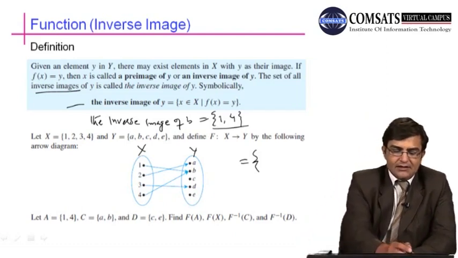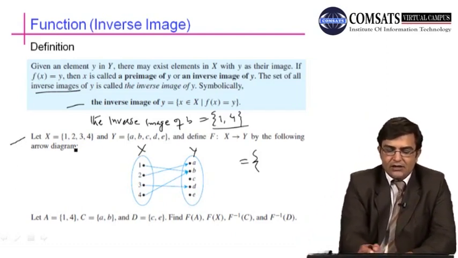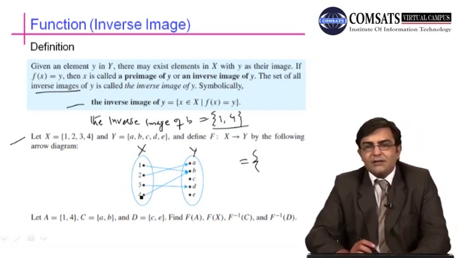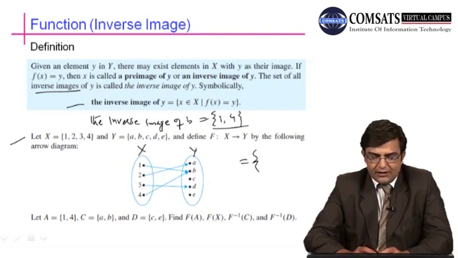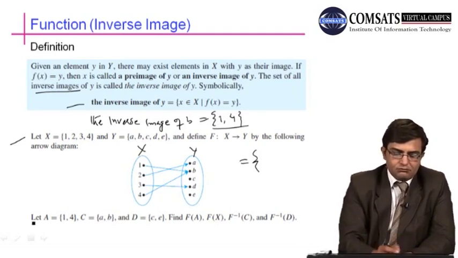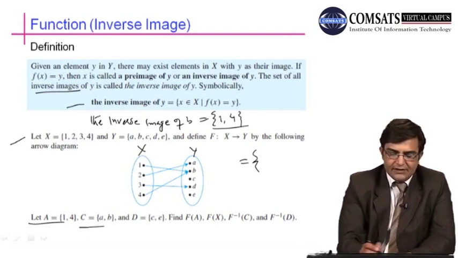As you can see in this example, let X and Y be two sets, 1 2 3 4 and a b c d e, and define f from X to Y by the following arrow diagram. Now let A be {1, 4}, C is this, D is this.